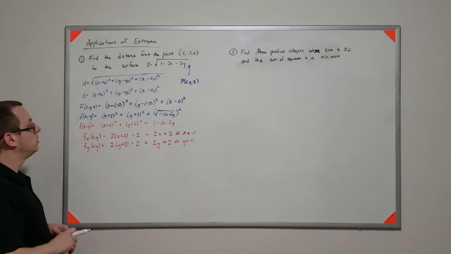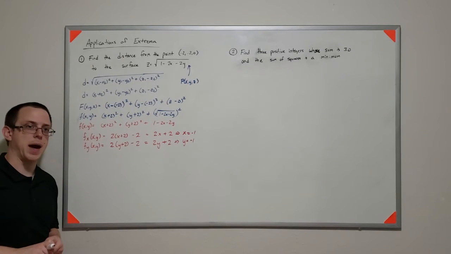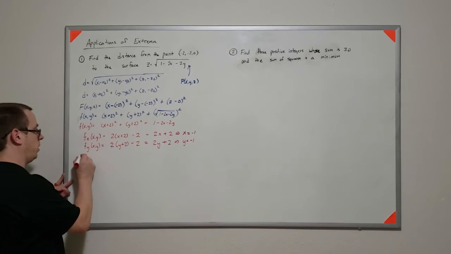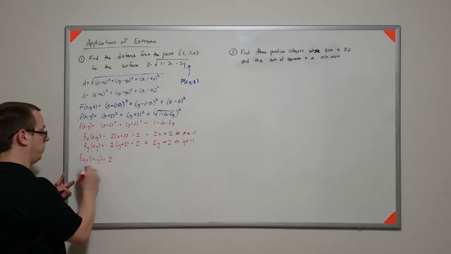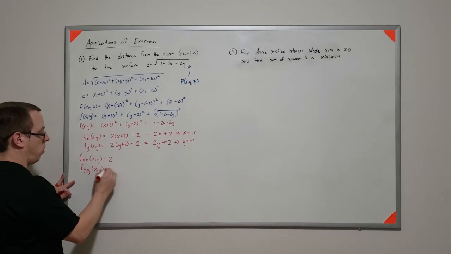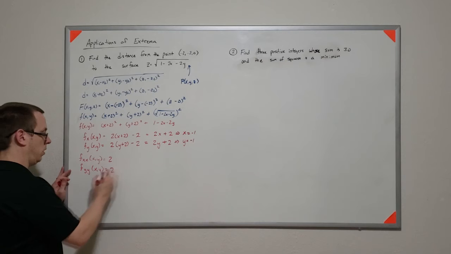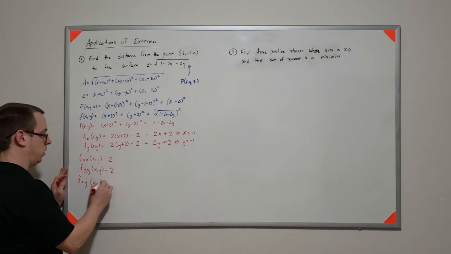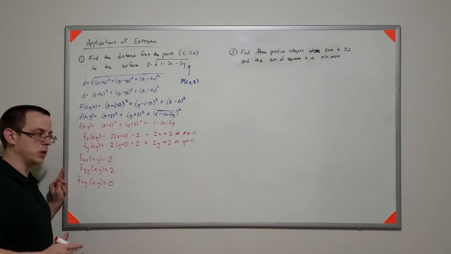So then we need to make sure this isn't somehow a maximum. So we should really go further. We should really get f double prime, or rather the partial with respect to x twice, and the mixed partial is 0.